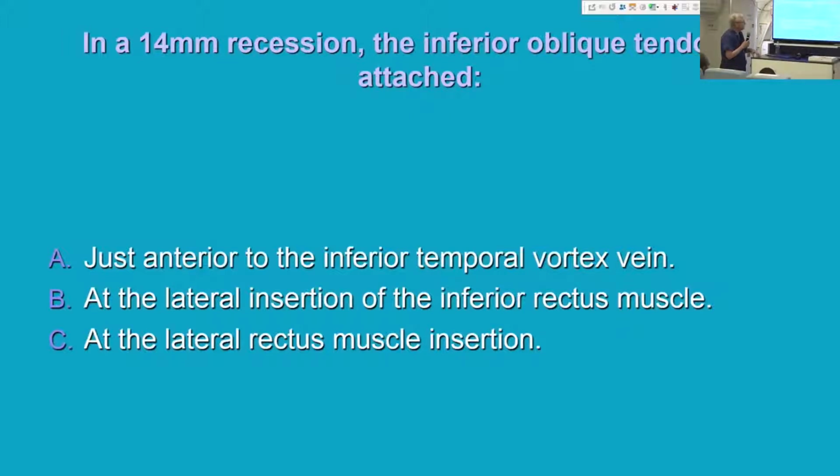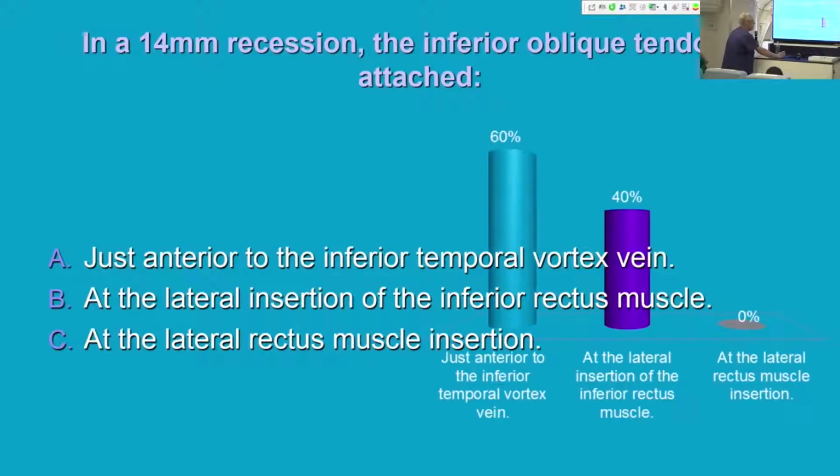We'll ask people to answer that question: in this 14 millimeter recession, where do we usually reattach the inferior oblique tendon? Most people feel we do it just anterior to the inferior temporal vortex vein. Some of them were here and heard me speak on this yesterday, or at the lateral insertion of the inferior rectus muscle. We'll answer that question, and we'll show you where it's placed in the lecture.